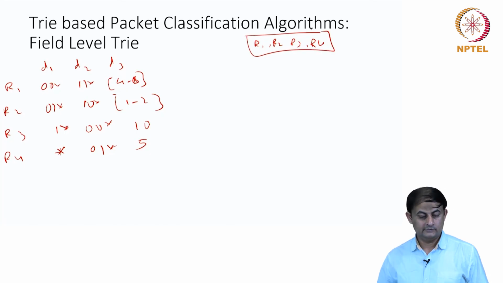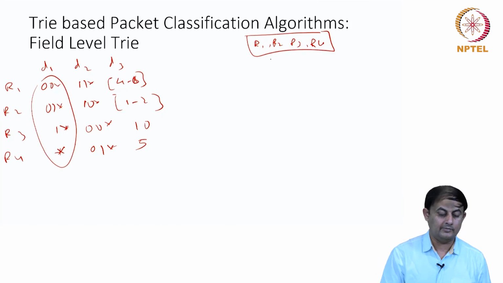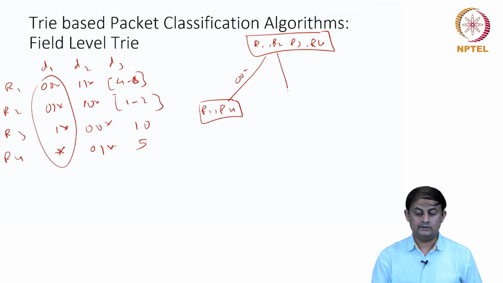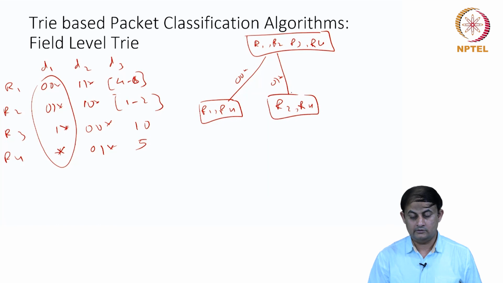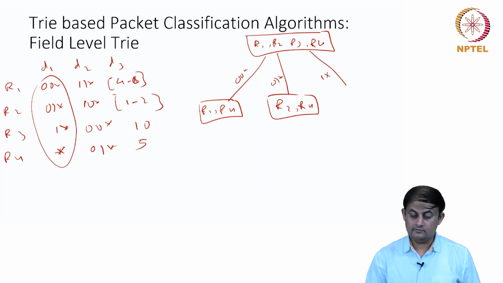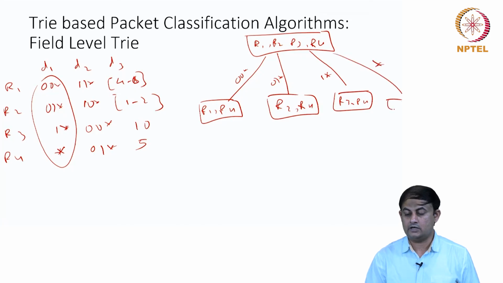So you have them, and now again look at the unique combinations for the dimension D1. On 0 star, you get R1 and R4, and on 0 star in the first dimension, R2 and R4 are the candidates, and on the combination 1 star, R3 and R4 are the candidates, and on the star only R4 is the candidate.